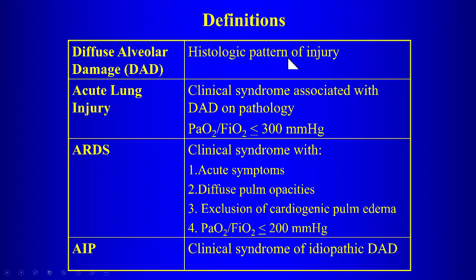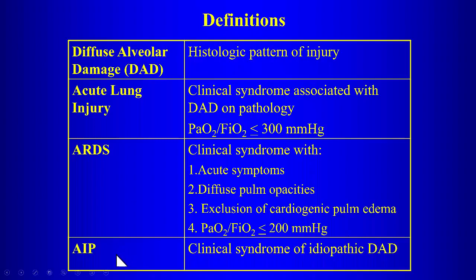A few definitions. Diffuse alveolar damage is a histologic pattern of injury. Acute lung injury is a clinical syndrome associated with diffuse alveolar damage. On pathology, there's a definition here as far as the PaO2 to FiO2 ratio, as opposed to ARDS, which is a clinical syndrome associated with acute symptoms, diffuse pulmonary opacities, exclusion of pulmonary edema, and then the ratio of the PaO2 to FiO2 is much lower.